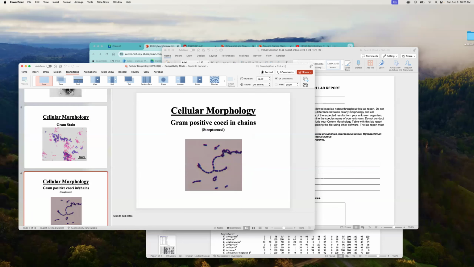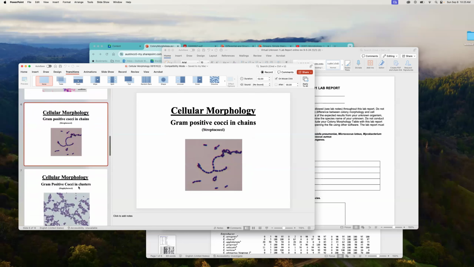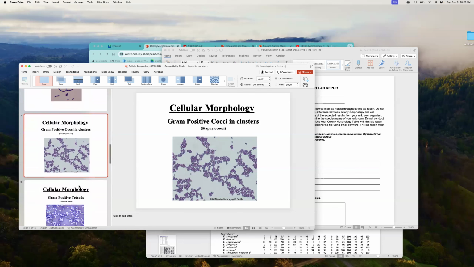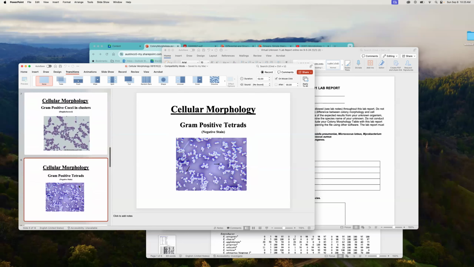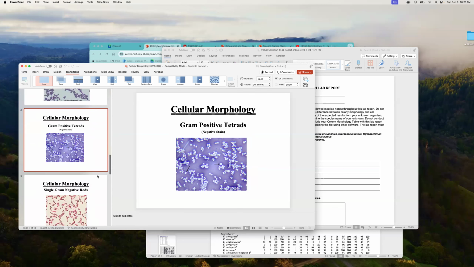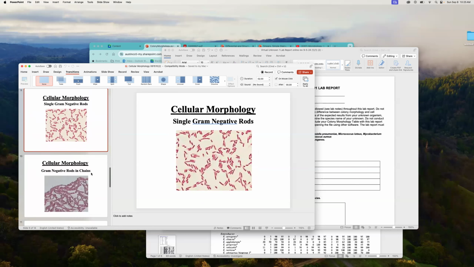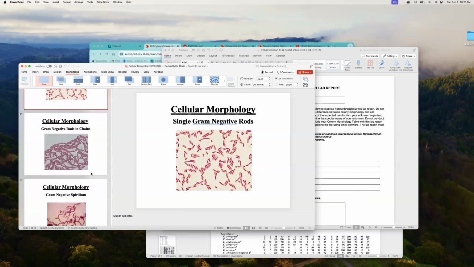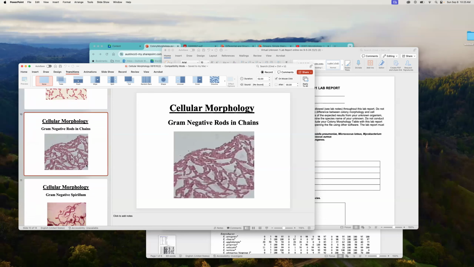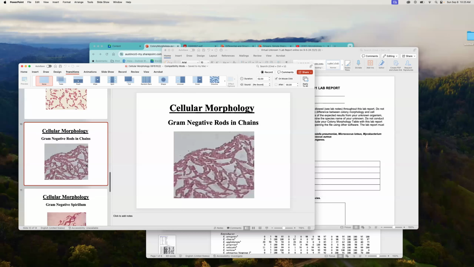Here you have the gram-positive cocci in chains. Here you have them in clusters. And here you have something called a tetrad. Now this is a negative stain, but it is a gram-positive organism, and they are in tetrads, groups of 4. Here are the gram-negative rods. Here are gram-negative rods in chains. We are not going to have spirillum. We're just going to have rods and cocci.